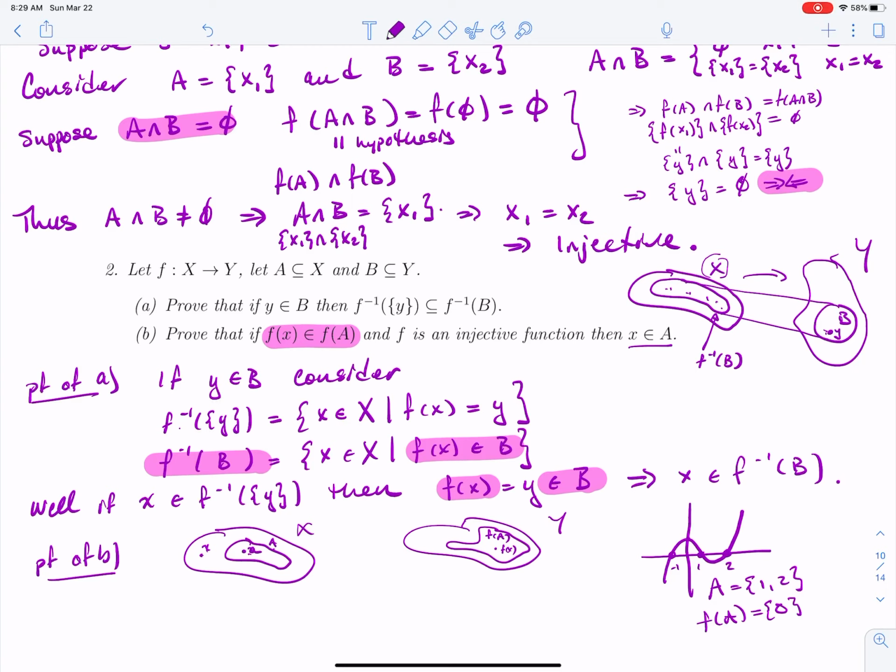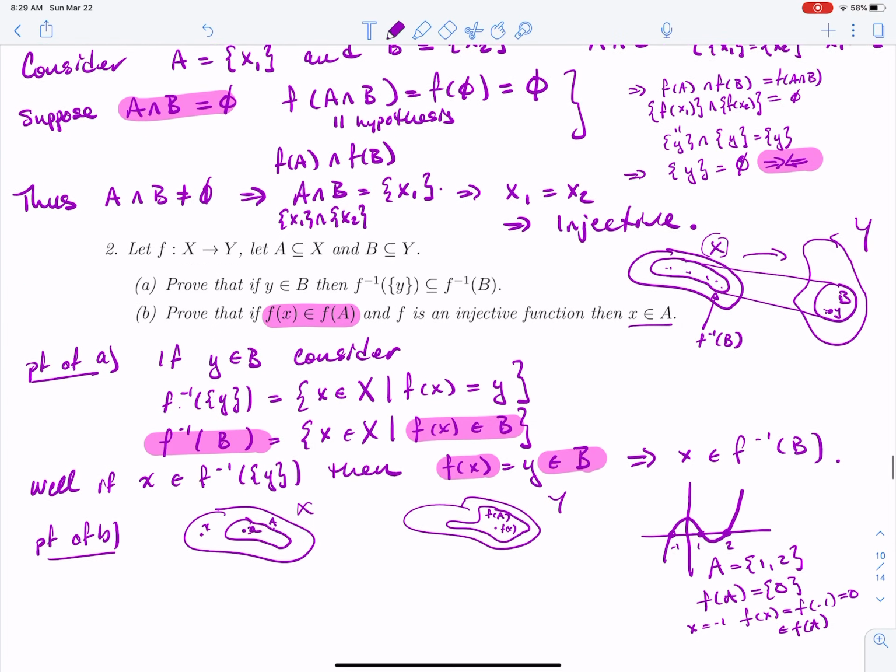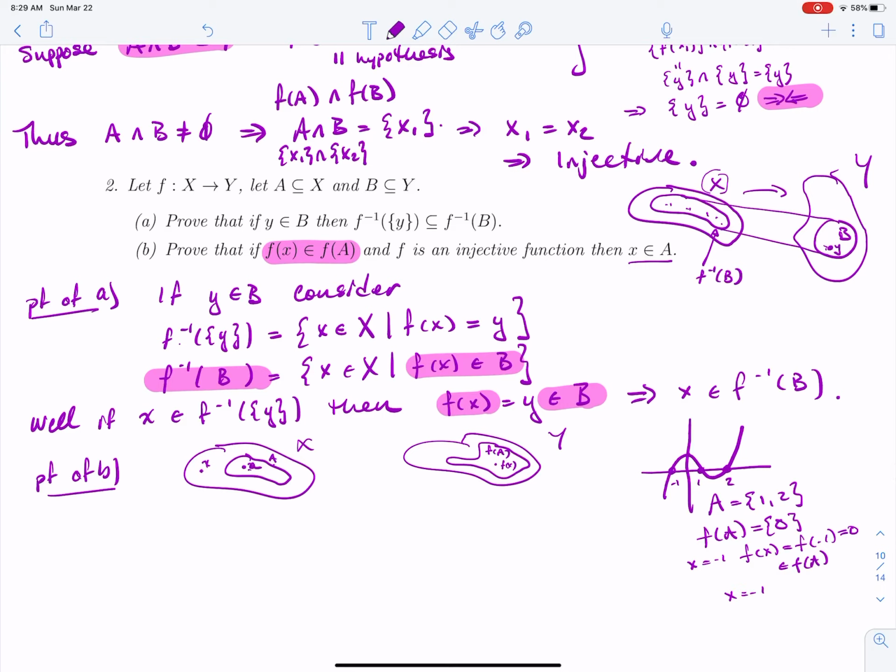Then if I let x be -1, it's true that f of x is equal to f of -1, which is 0, which is contained in, in fact equal to, f of A. But x equals -1 is not contained in A, because I eliminated it. The point was, I had 3 different values that mapped to 0, and I chose only 2 of them. What's going to prevent that from happening here is that f is an injective function, so that can't happen.